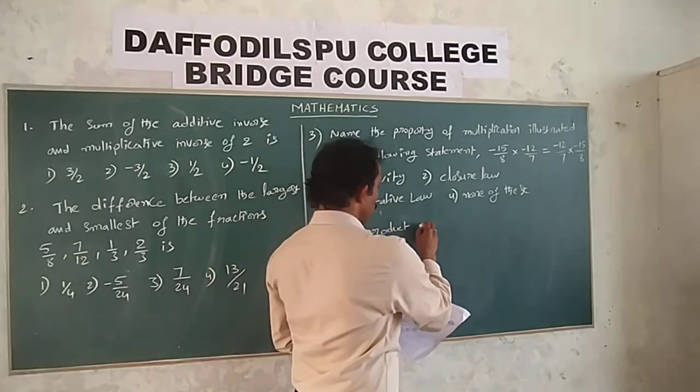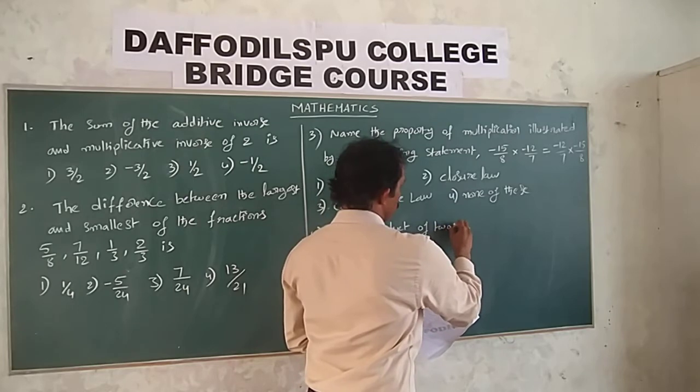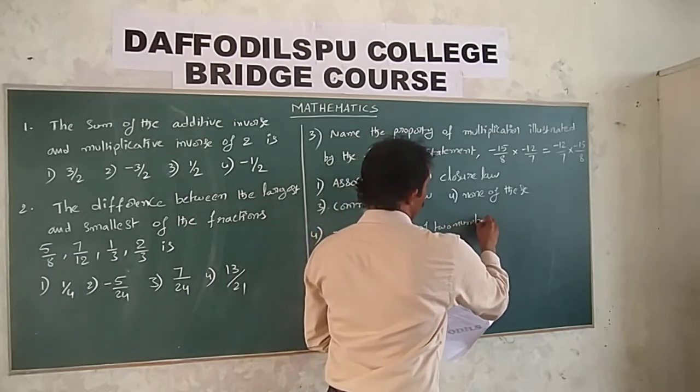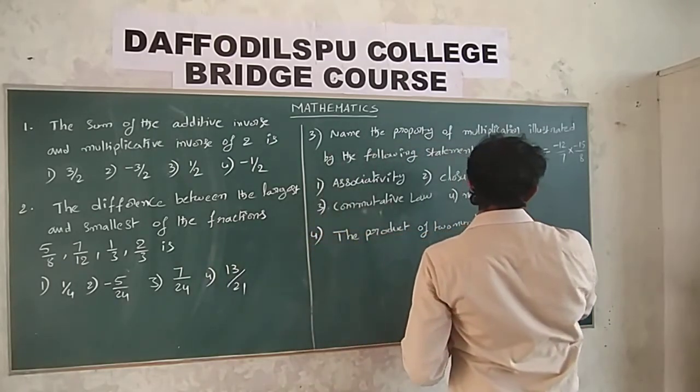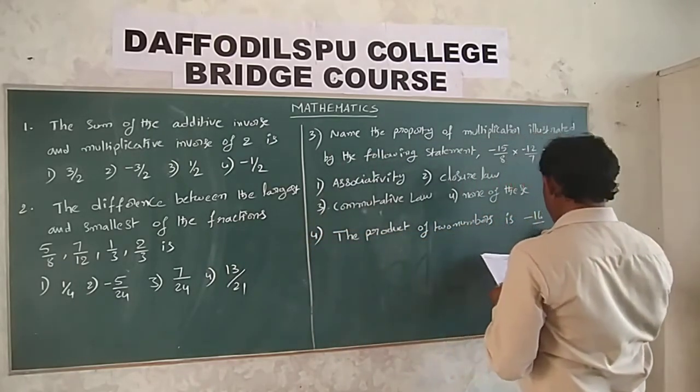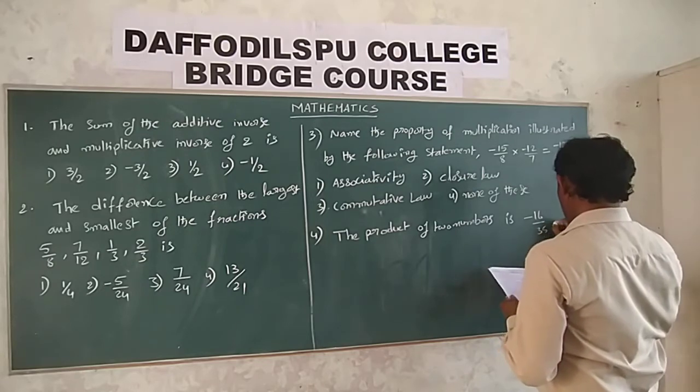The product of two numbers is minus 16 by 35.